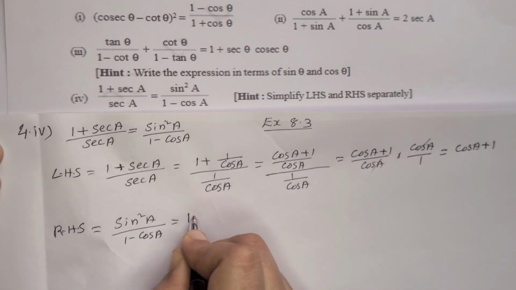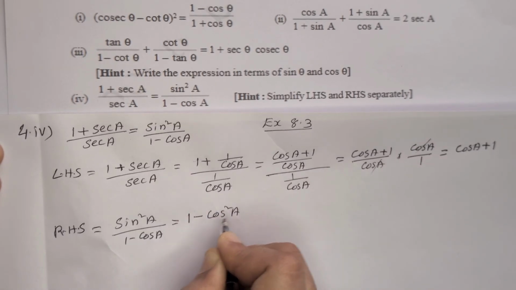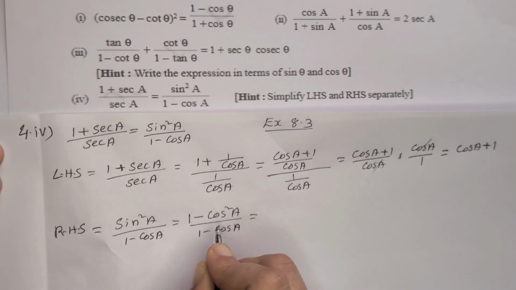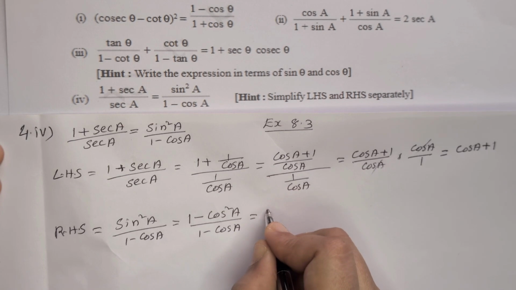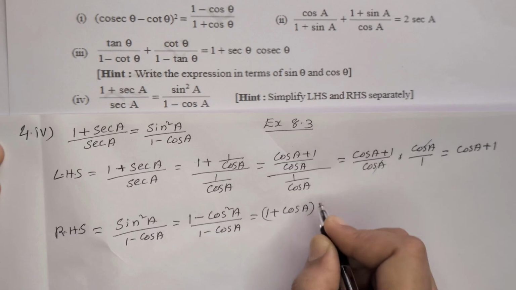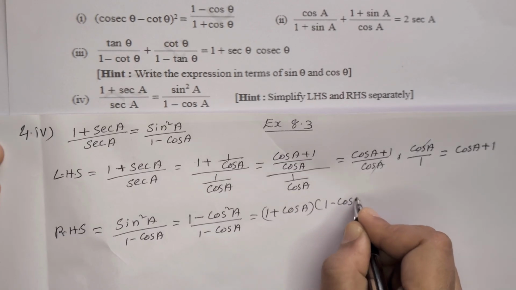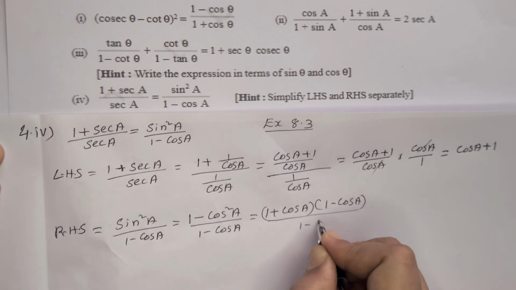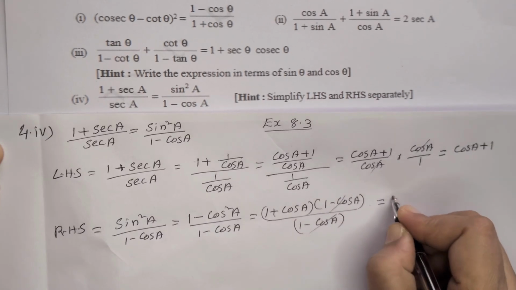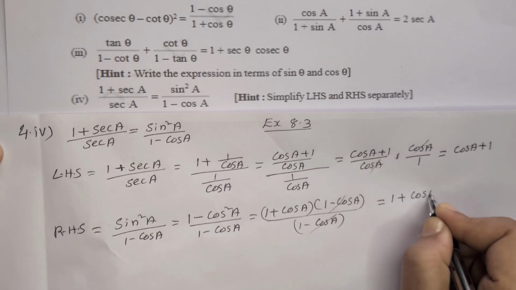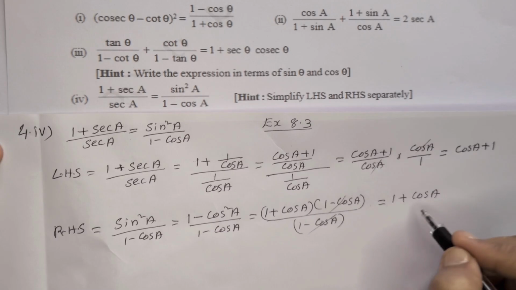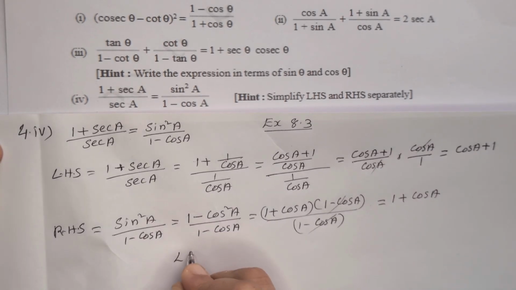From that, this is 1 minus cos square A divided by 1 minus cos A. Now here we are using the identity A square minus B square, which is equal to A plus B into A minus B. So 1 plus cos A into 1 minus cos A divided by 1 minus cos A. So we can cancel 1 minus cos A from the numerator and denominator. What we are getting is 1 plus cos A. Now we can see the LHS answer is also 1 plus cos A. LHS is equal to RHS, hence proved.